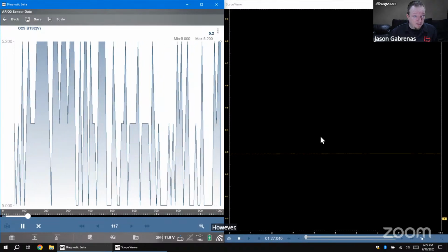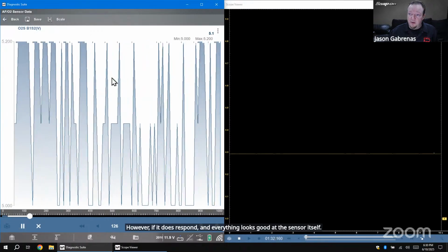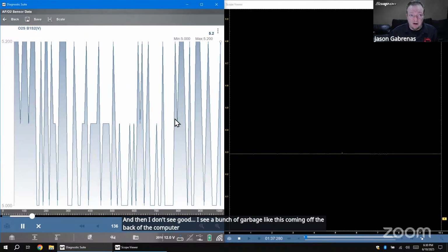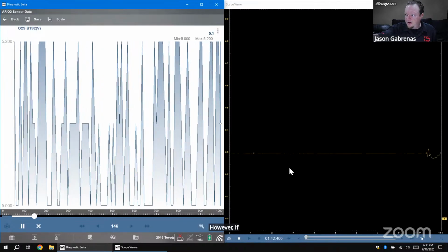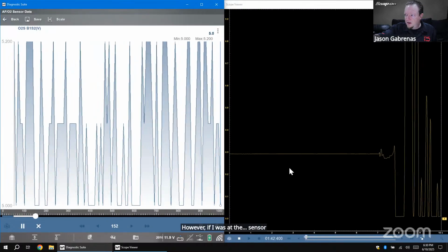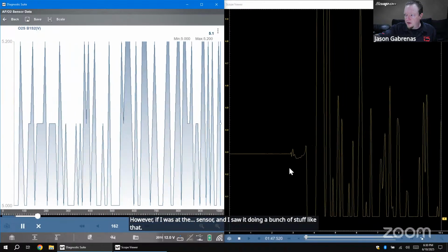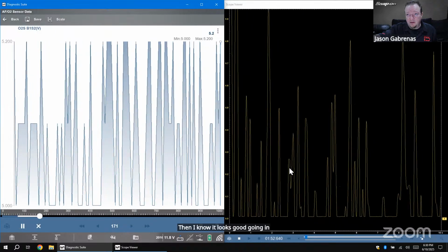However, if it does respond and everything looks good at the sensor itself, and then I see a bunch of garbage like this coming out the back of the computer, I know I've probably got a problem with the computer. However, if I was at the sensor and I saw it doing a bunch of stuff like that, kind of matching what was going on the other side, then I know it looks good going in, looks good going out, right?